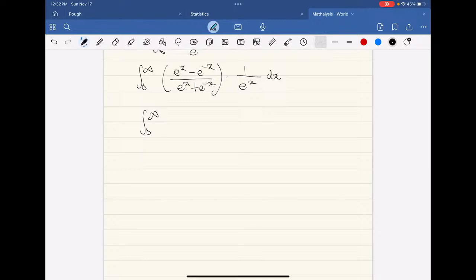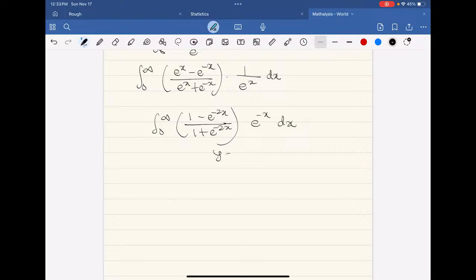How should I proceed? Okay, now what I can do is, let us say that this is 1 minus e to the power minus 2x by 1 plus e to the power minus 2x. What I did is just divide by e to the power x in both numerator and denominator. This is e to the power minus x dx.